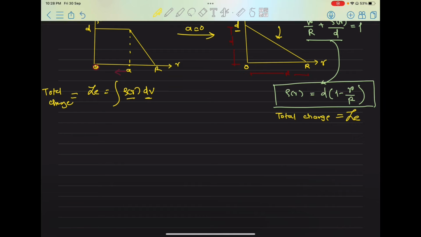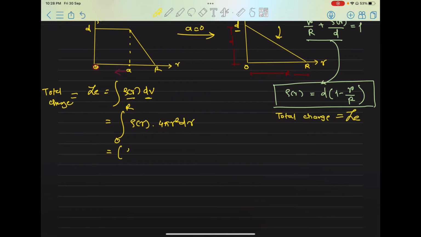Okay, and what is dV? From the previous electrostatic problem we solved, the dV for spherical polar coordinates is nothing but a thin spherical shell with a volume of 4 pi r squared dr, and of course it travels from 0 to R. Let us substitute rho of r over here.